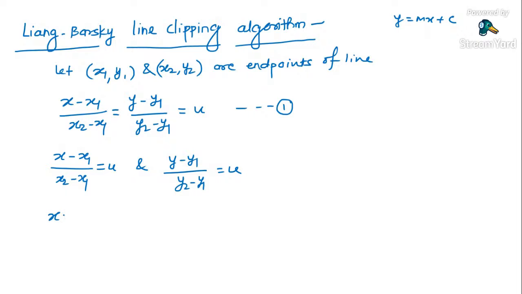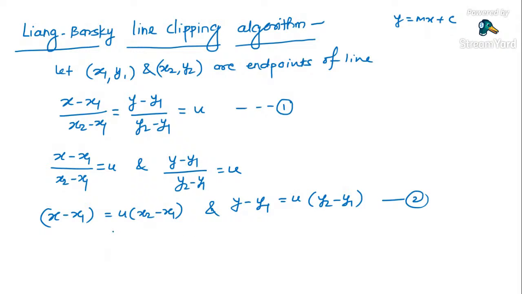So x minus x1 is equal to u into x2 minus x1, and y minus y1 is equal to u into y2 minus y1. This is equation number 2. Now x2 minus x1 is the difference between x, so we can write delta x, and y2 minus y1 we can write as delta y.